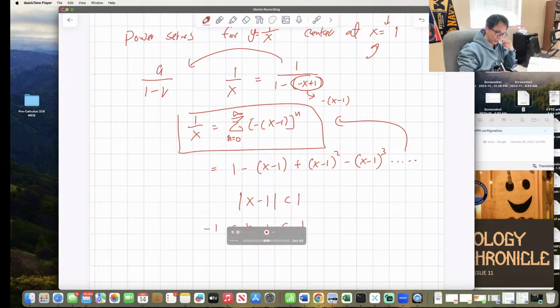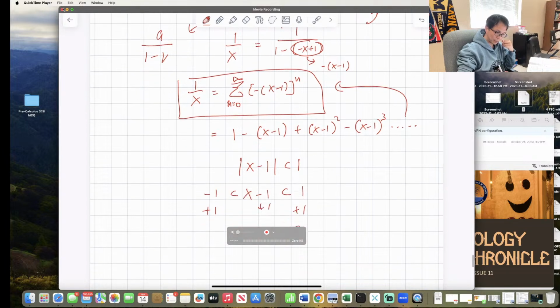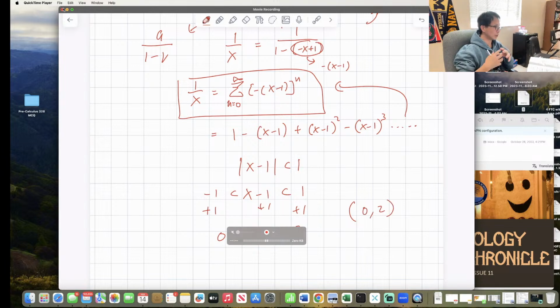If I add 1 on both sides, that's 0 less than x less than 2. I don't need to check an endpoint because when r is equal to 1, that is not really defined. So the interval is 0 to 2, and I don't need to check endpoints. So we just talked about a power series.